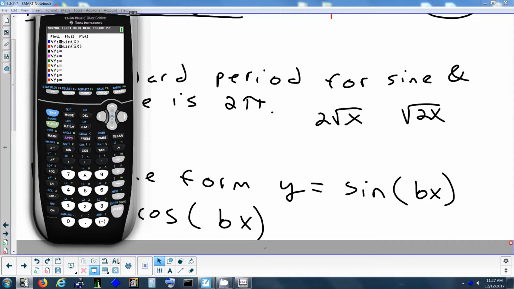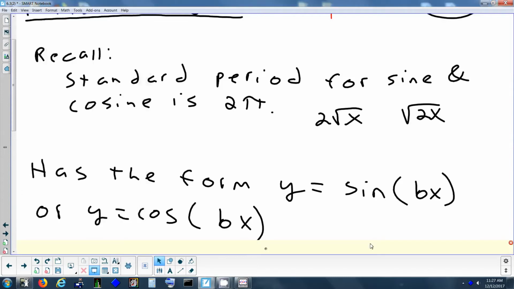A fraction. If you did like 0.5x, anything less than 1 is going to stretch. Now you'll see it as it sketches it. So it's been stretched out. So big numbers compress the graph, small numbers stretch it.